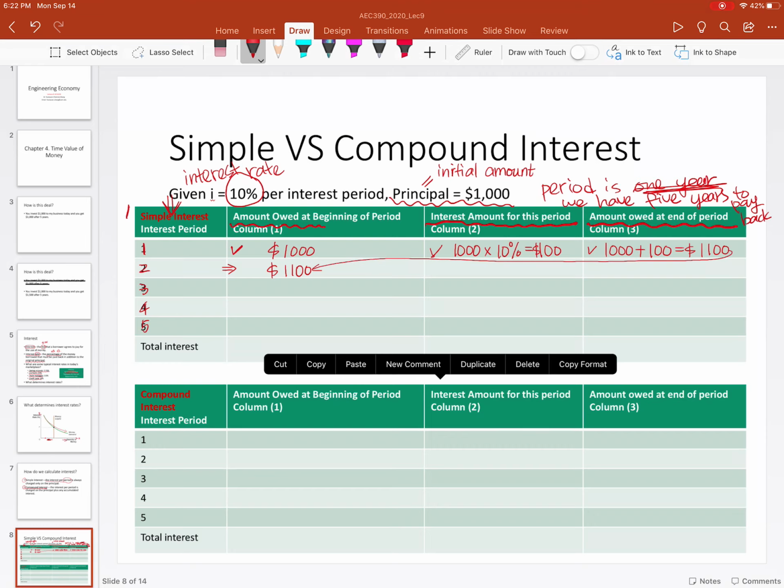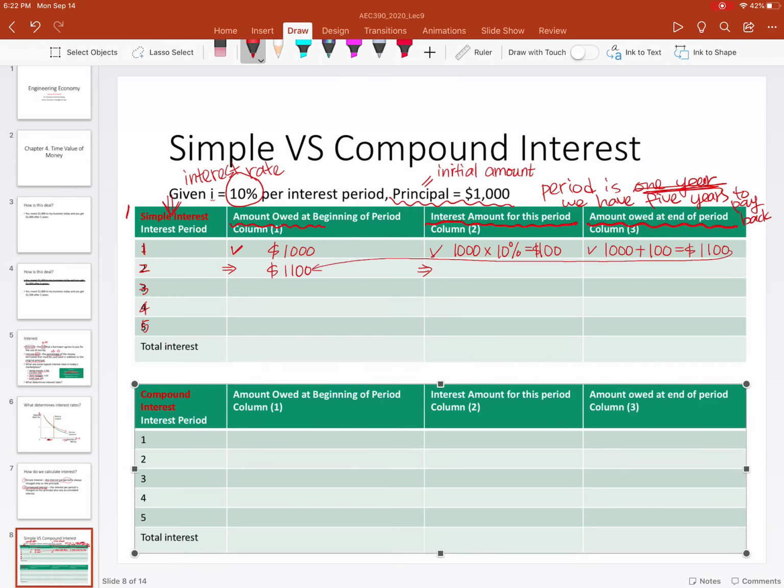So, but how about the interest in the second year? We said by definition, simple interest means every time you calculate that interest, it will be the initial amount times the interest rate. So still, in this cell, you still need to use the initial amount or principal, 1,000, right? Times the interest rate. So still, it's 100 US dollars.